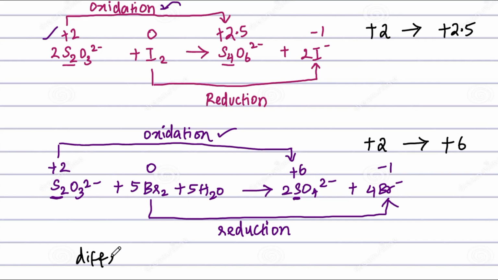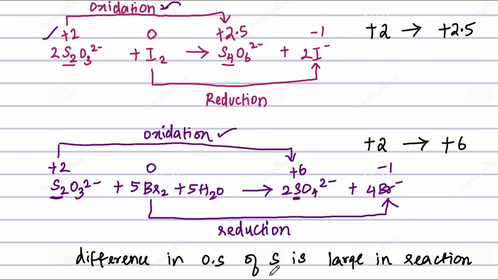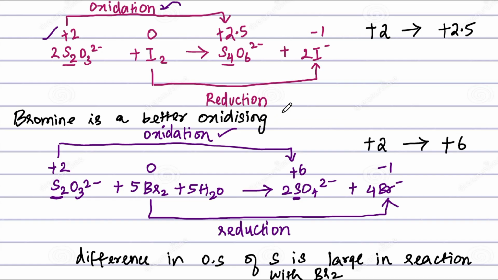The difference in oxidation state of sulfur is large in the reaction with bromine. So the difference in oxidation state in the reaction with iodine is less when you compare to bromine. So it suggests that bromine is a better oxidizing agent than iodine.